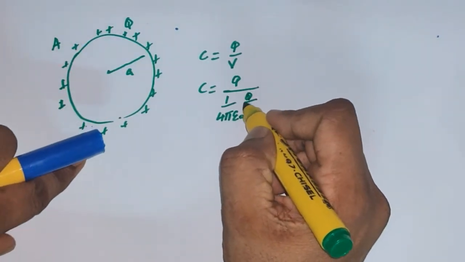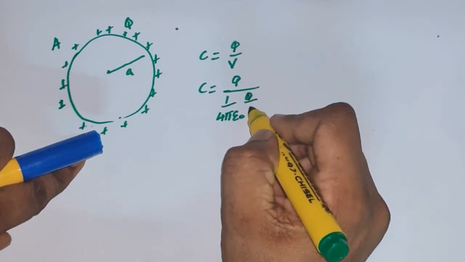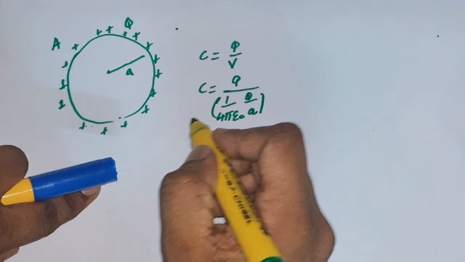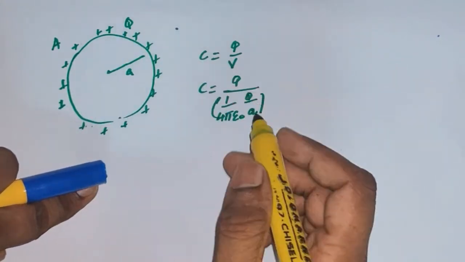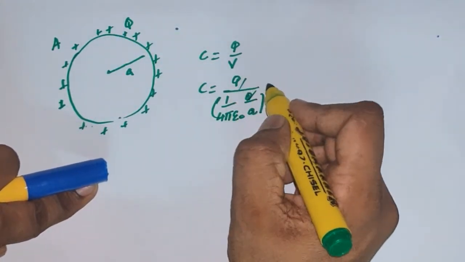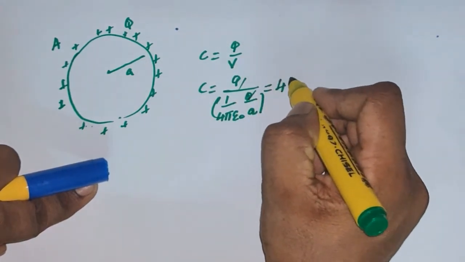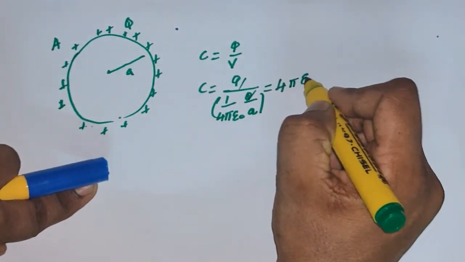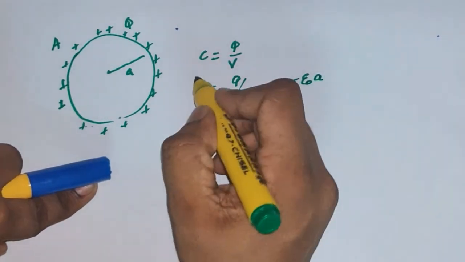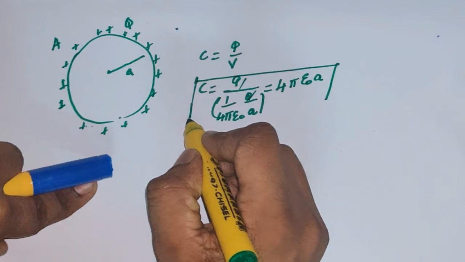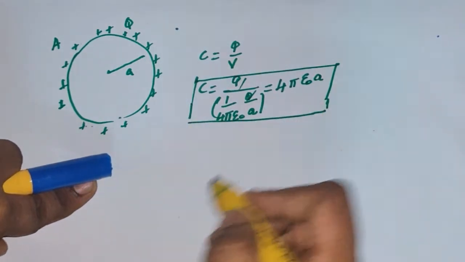That equals 1 by 4 pi epsilon naught q by a. This is the potential on the sphere. So you can cancel this q, and taking the reciprocal, the capacitance equals 4 pi epsilon naught a. This is the capacitance of the metallic sphere of radius a.